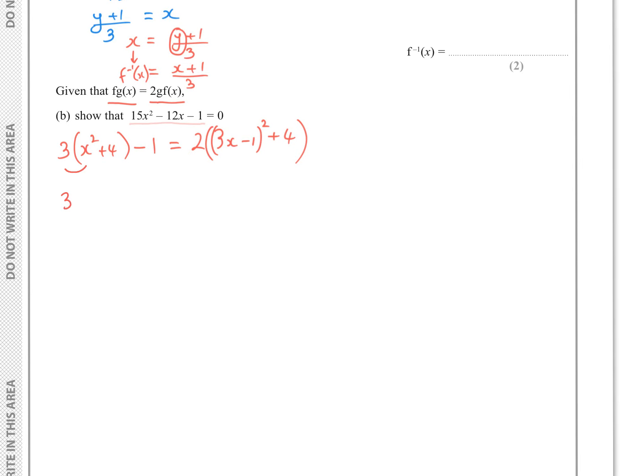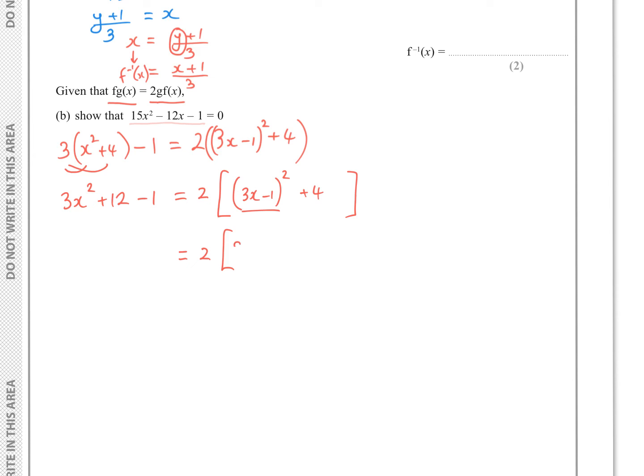So here we'd have 3x squared plus 12 minus 1 equals 2, and I'm going to do a square bracket here. I'm just going to write this bit out again, just so you can follow what I'm doing. I just used a square bracket and a curly bracket to show the difference. Makes it a little bit clearer. So the left hand side is going to stay the same, but this right hand side I'm going to do this bracket first.